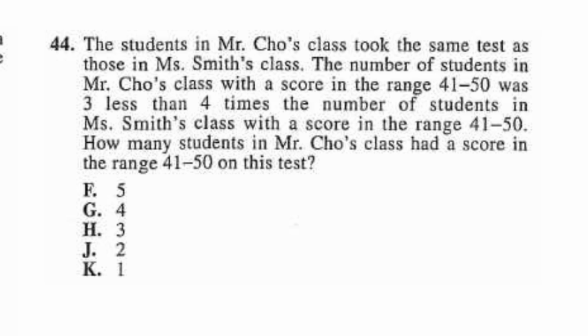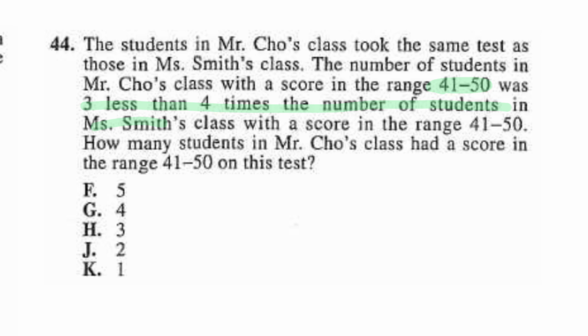And on this example, it says the students in Miss Cho's class took the same test as Miss Smith's class. The number of students in Miss Cho's class with a score from the range of 41 to 50 was 3 less than 4 times the number of students in Miss Smith's class with the score in the same range.